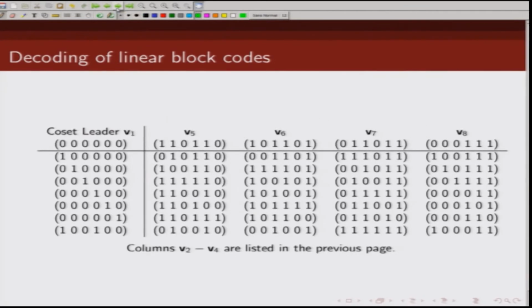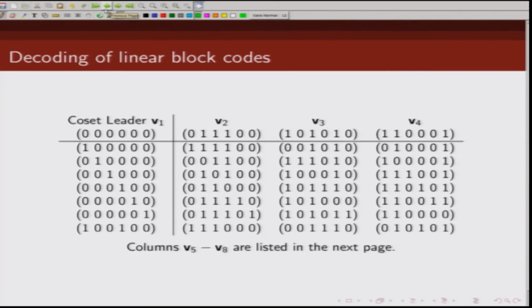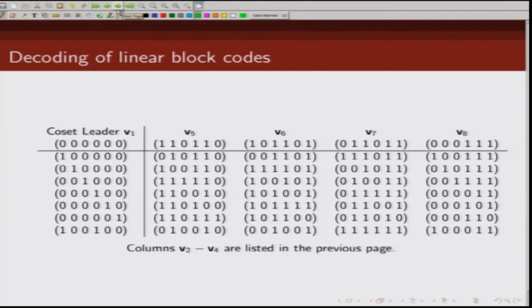Since I could not fit in all the columns in one slide, I have continued it here. So, I had up to V0, I have V1, V2, V3, V4, and then I had V5, V6, V7, V8. So, these are my 8 code words for this 6-3 linear block code.